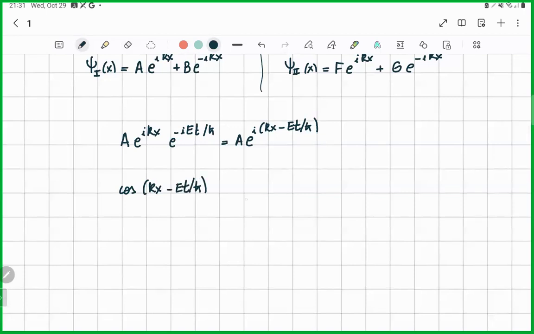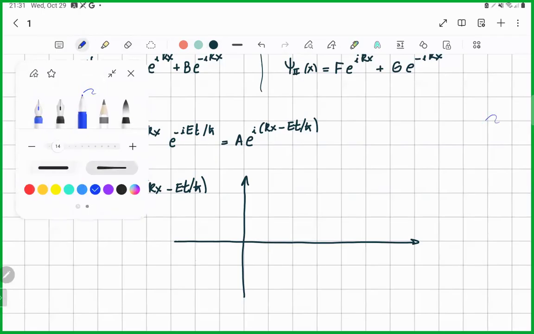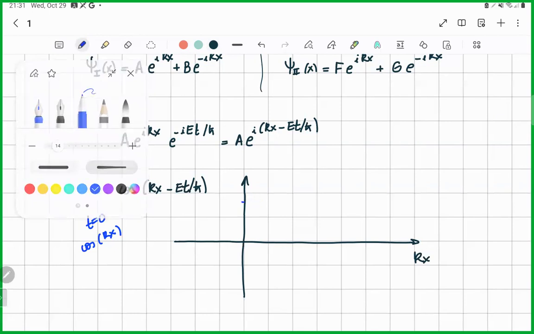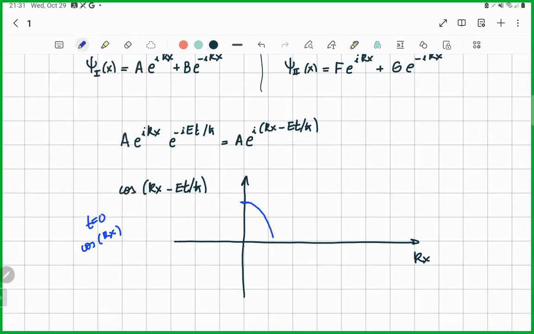If I want to plot this, you see that my plot will depend very much on the time that I select. So let me make the plot first for the case where time is 0. So when time is 0, I'll be playing with the cosine of kx. So I'm going to be making this plot as a function of kx. When kx is 0, my cosine is 1. And then I have my cosine function.